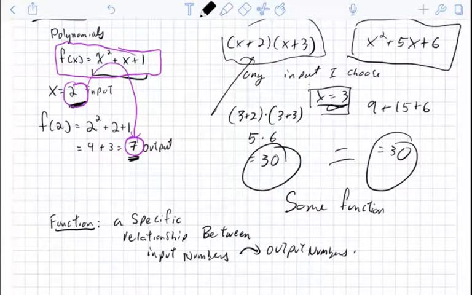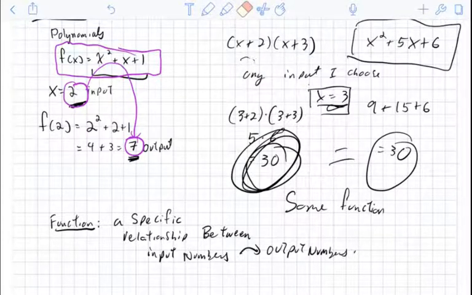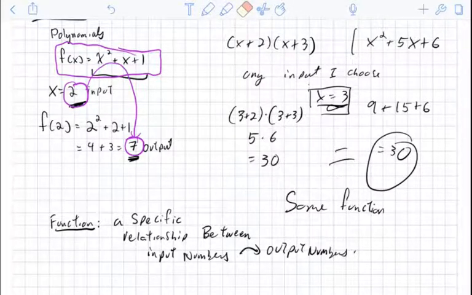Okay? So if you put in an input number and it gives out a different output than 30, then you know that it's a different function than this one. So the function is the specific relationship. It's not any particular equation. It's the relationships between input numbers and output numbers.